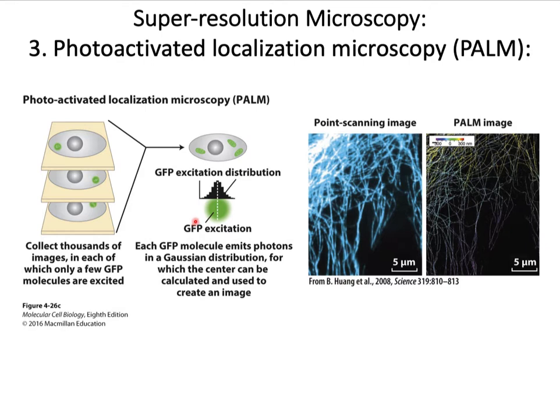Then mathematically, using the Gaussian distribution, the exact middle point of each emission light point from a single fluorophore or protein molecule is calculated. See that in the Gaussian distribution, the highest point in the black bell-shaped curve is the exact middle of the molecule that is emitting the emission spectrum or fluorescing upon excitation.